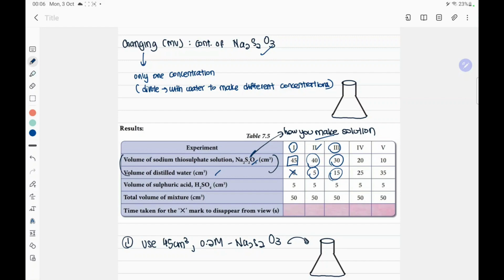As you can see, the total we have is 45, the volume is constant, but the concentration decreases over time because we are using a lesser amount of sodium thiosulfate solution and of course a larger amount of distilled water. So this is how you make one concentration into many different concentrations, because we want to do experiments for that.